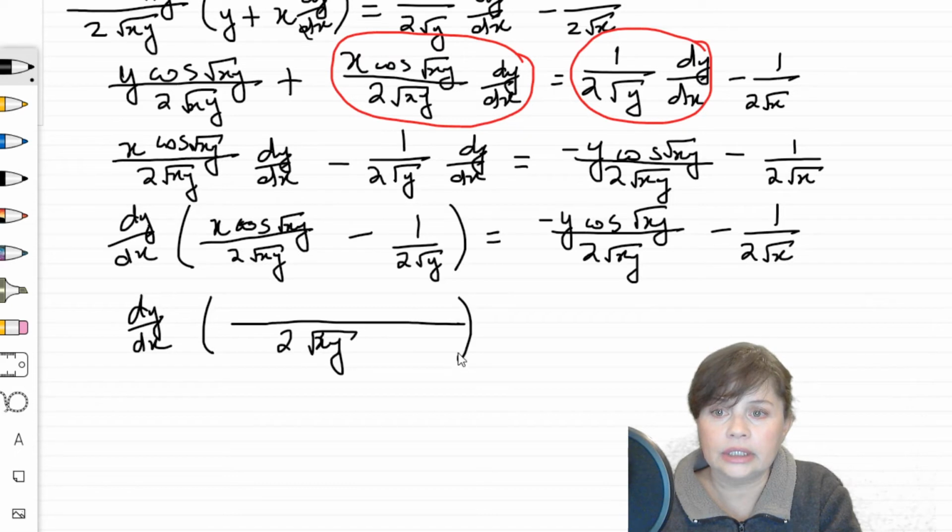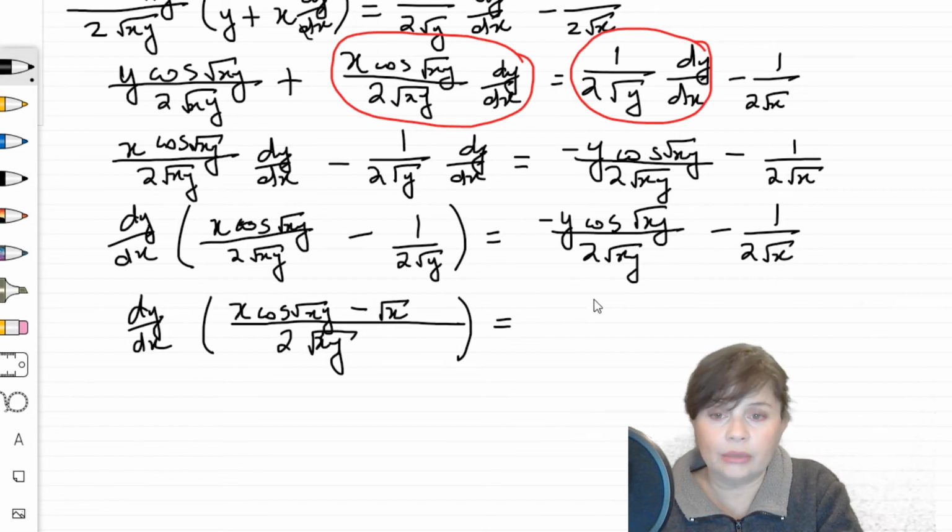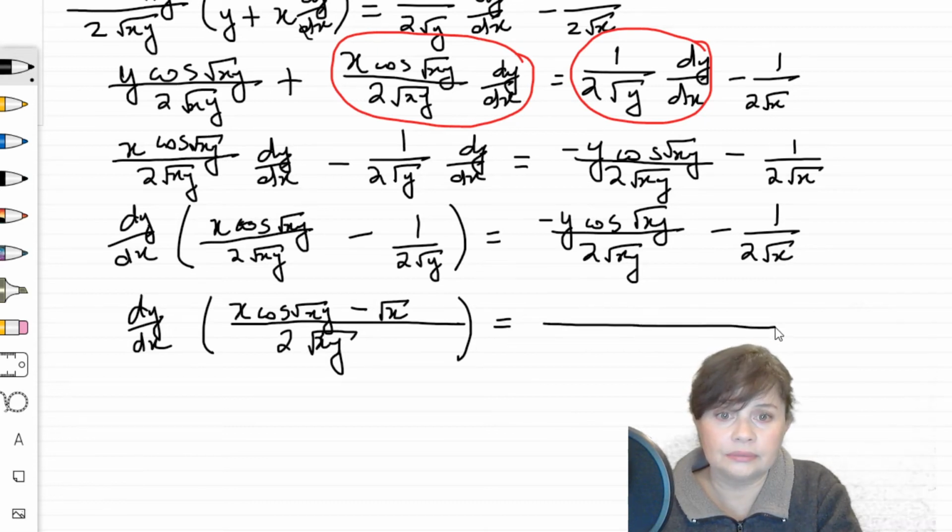xy, right? So there, it's the same denominator, so the numerator stays the same. Right? This one divides into that one. The only thing you have left is the square root of x. So minus the square root of x, and I'm going to do the same on the right hand side.